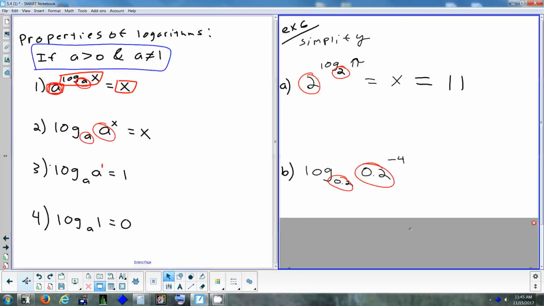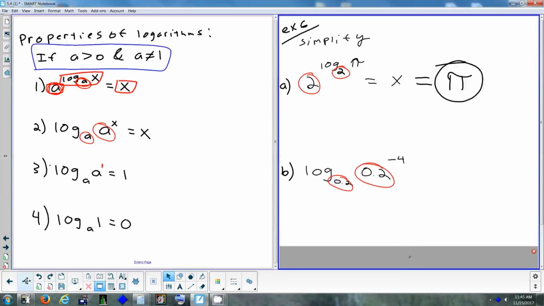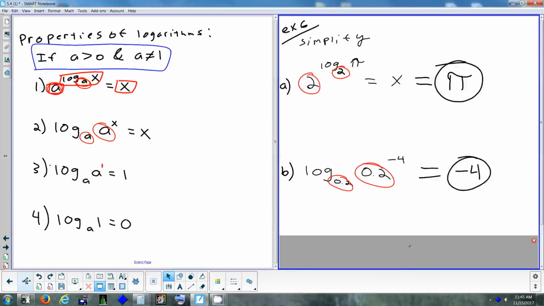Pi. So if you're solving that problem for x, in this case, the answer is 3.14. Let's look at b. Anybody think they know which property that one matches? Second one. Yep, it's the second one. So now if we apply the second property to that, the answer to that would just be -4.